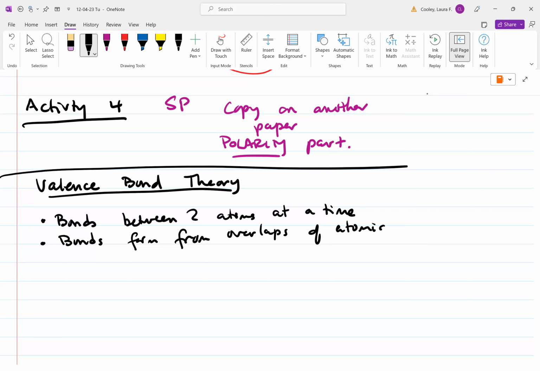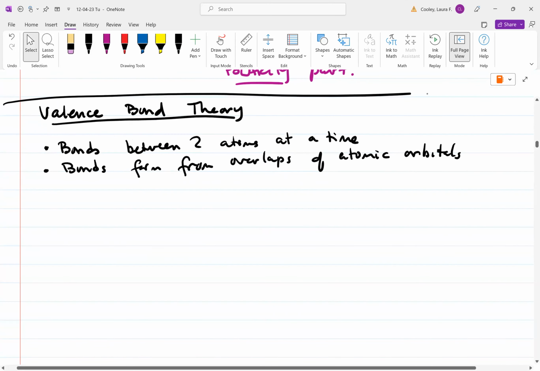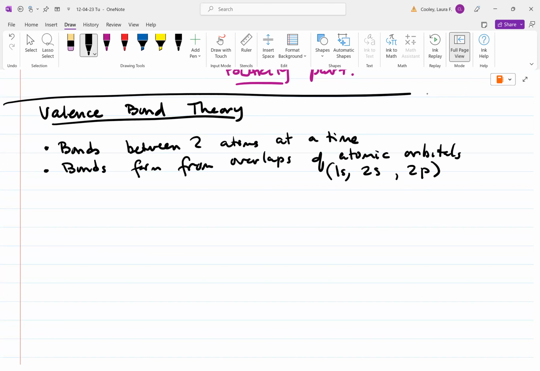You know what those atomic orbitals are: 1s, 2s, 2p are basically what we're going to be dealing with here, and also 1s for hydrogen.